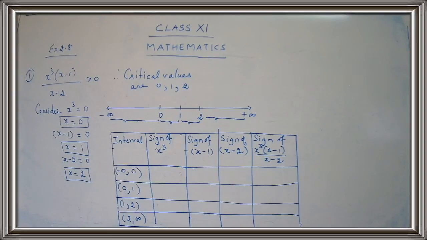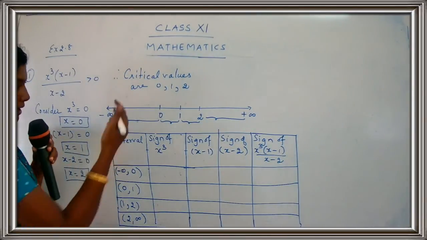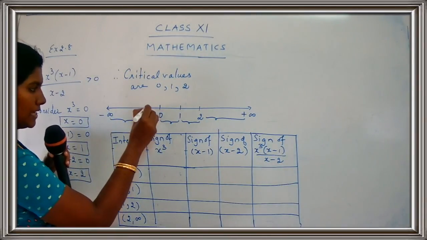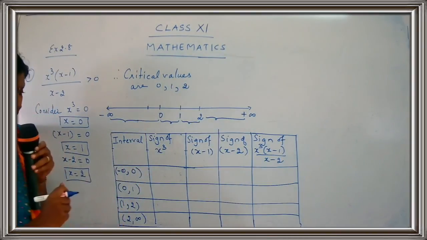So now we are going to find out the sign of the different factors. Let us go for the signs, children. Let us go for the first interval. What is the first interval? Minus infinity comma 0. You have to choose any value between minus infinity and 0. Shall I take minus 1 here? Yes. So I am going to take x equal to minus 1.